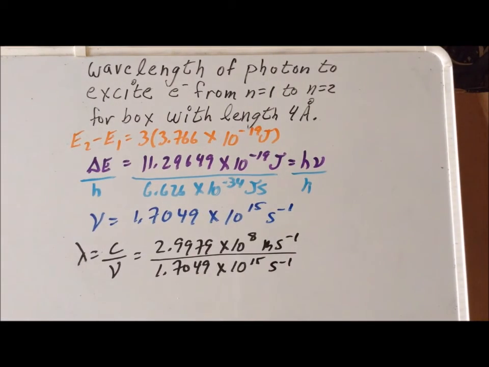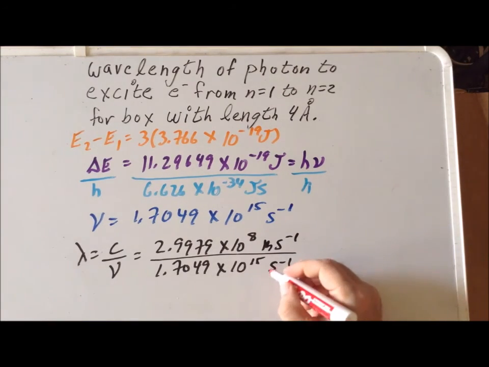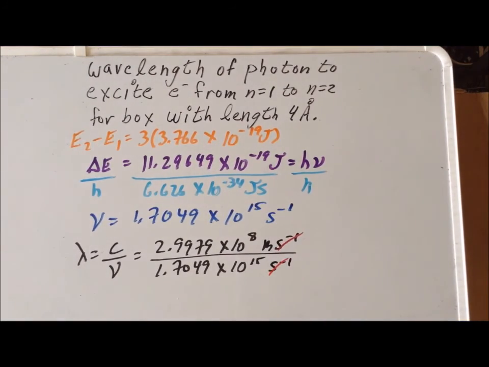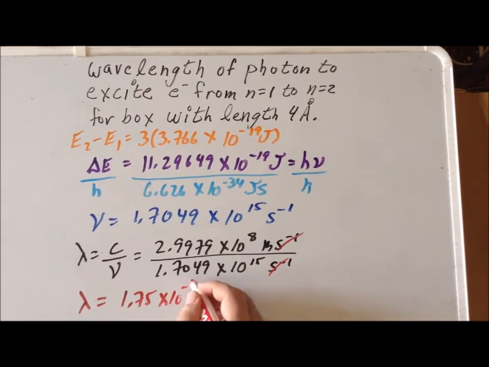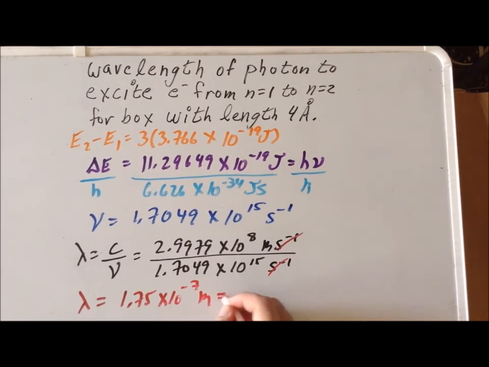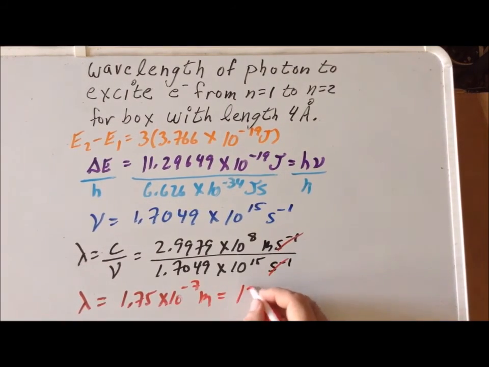And we notice that we get the proper units here, since the units of the inverse seconds cancel, and we get that the wavelength is 1.75 times 10 to the minus 7 meters, which is also equal to 175 nanometers.